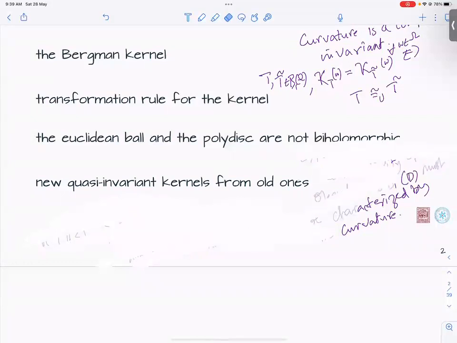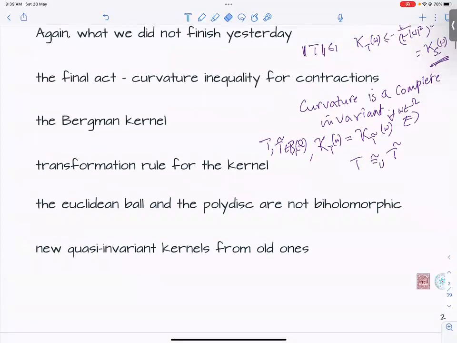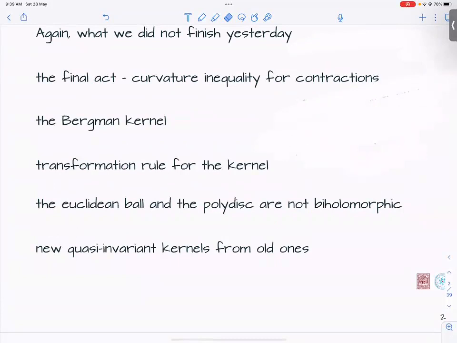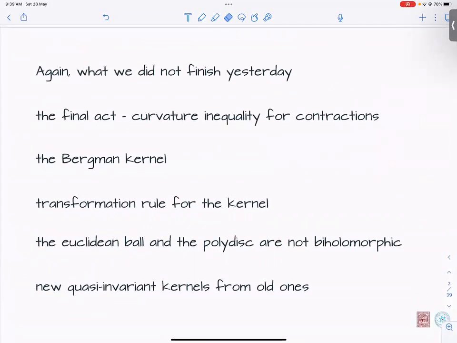And as I said, the discussion of commuting tuples of operators, keeping in mind these curvature inequalities and such, is another area that remains full of open problems like this.